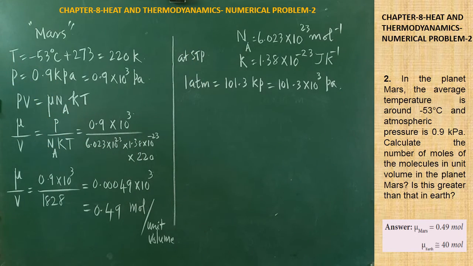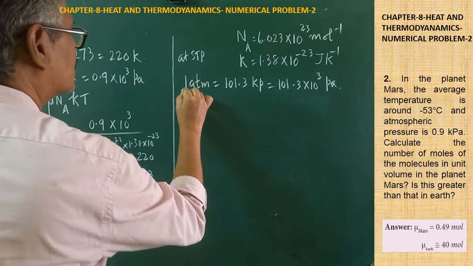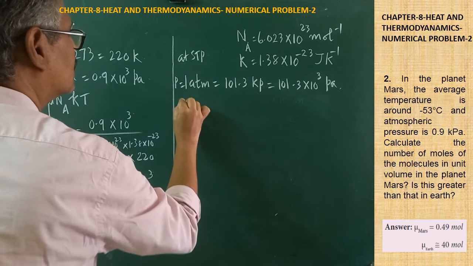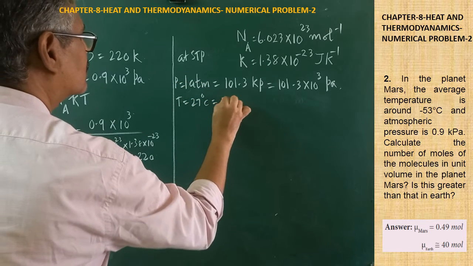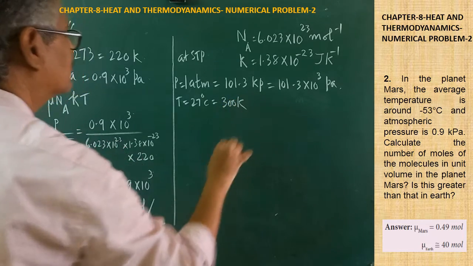But in this problem, only if you take the room temperature value will you get the answer given in the textbook. Therefore, instead of taking the STP temperature, I am taking the room temperature value. The room temperature is taken as 27 degrees Celsius, which is equal to 300 Kelvin.